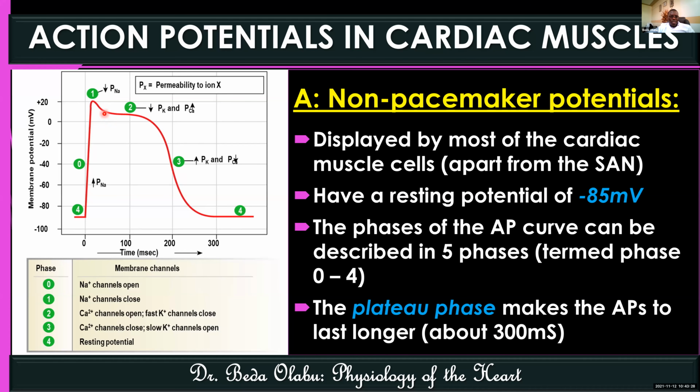Why do we need that period? First of all, what causes that period? That period is caused by predominantly calcium influx, the influx of calcium ions. And that answers the second question that I asked you, which influx of which ions are responsible for depolarization. It is the influx of sodium and the influx of calcium.